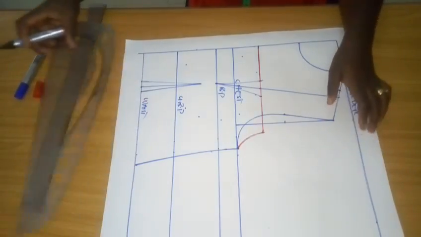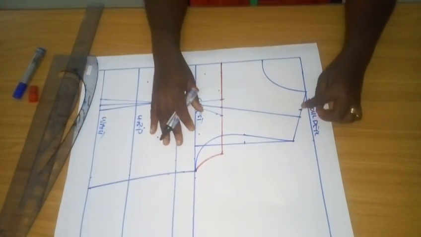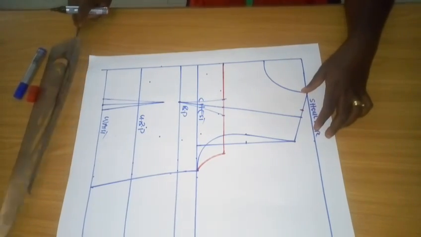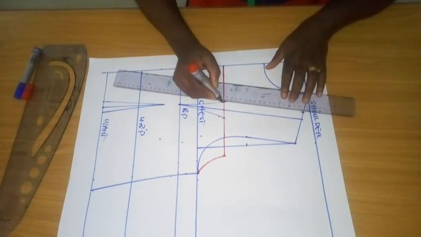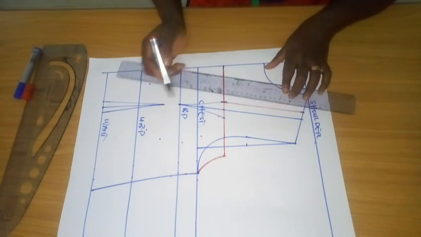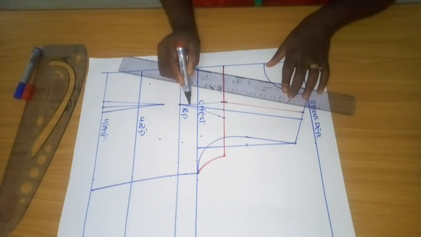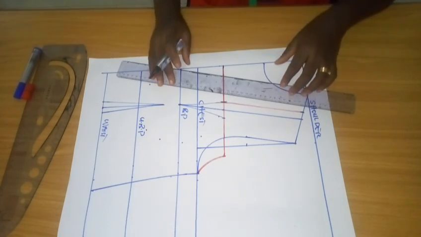Okay, so once that is done, the next thing we are going to do is to connect this neckline. So this neckline, I'm going to connect it to this point, because once we cut off the upper bust line, we'll be cutting through this as one whole piece.